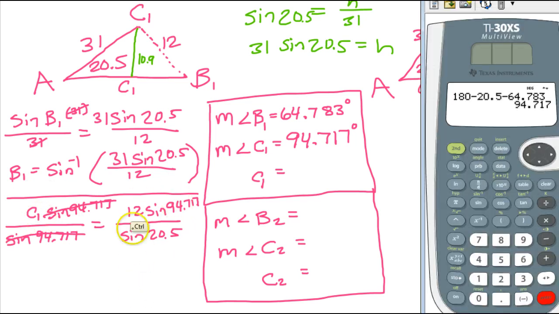So I can just put all of this in my calculator. That'll be 12 sine 94.717 over sine 20.5.